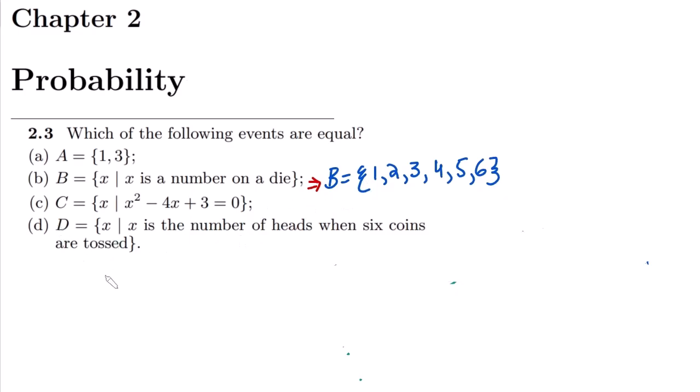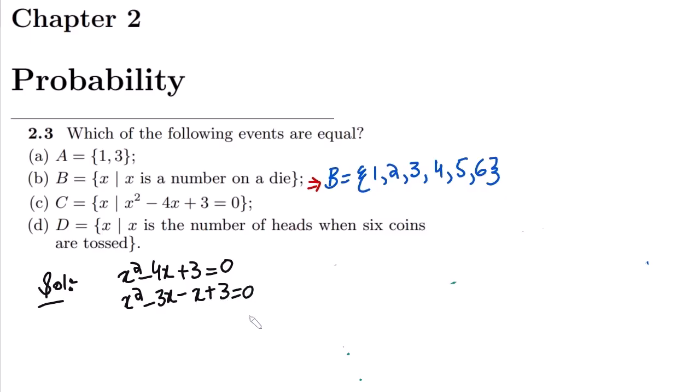Similarly, in part C, C is equal to x such that x squared minus 4x plus 3 is equal to 0. In order to solve it, we have to factorize it. So x squared minus 4x plus 3 equal to 0 becomes x squared minus 3x minus x plus 3 equal to 0.